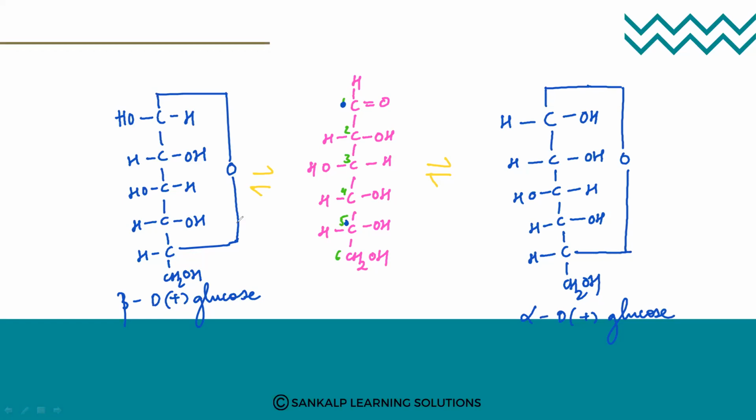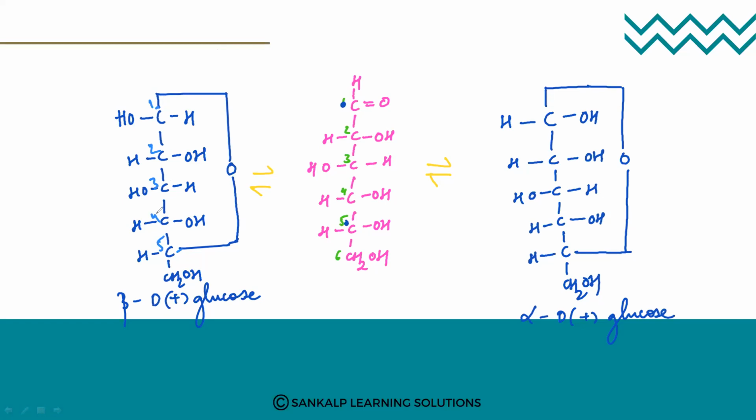So these are the hemiacetal structures, and they give rise to a ring. You can see here, one, two, three, four, and five. The joint is from first to fifth, so this forms a ring. So this cyclic hemiacetal structure was proposed.